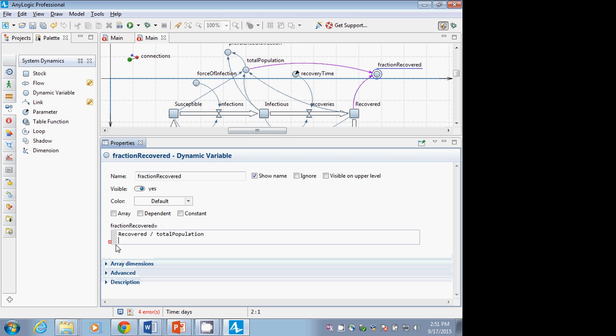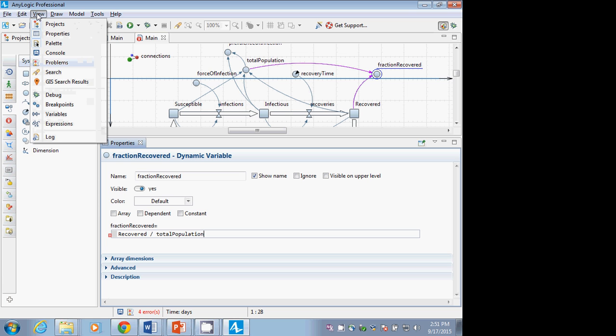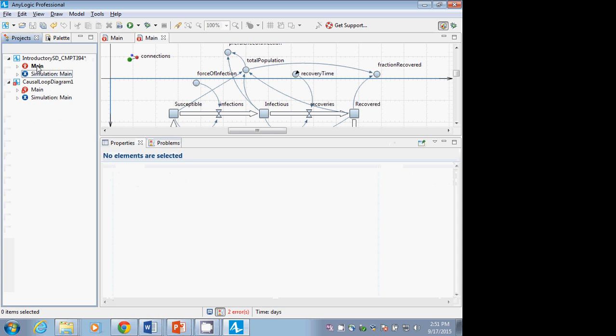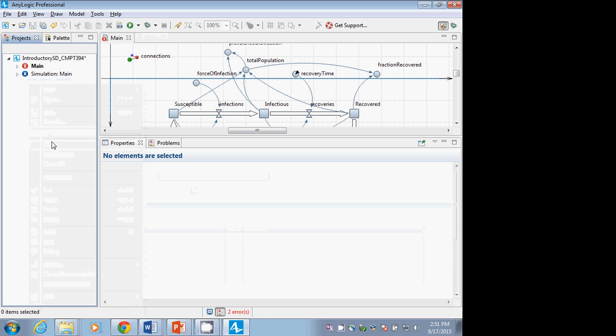And I suspect, you see there's this little X here. And that X is an indication that it's encountering build problems. So we can go to the problems window and we'll see this is actually problems on another model. So I'm going to close this model without further ado. And now we'll go back to this one.